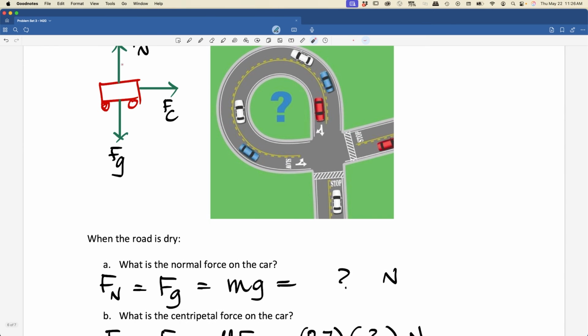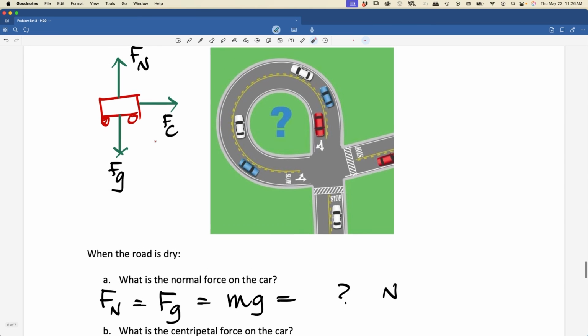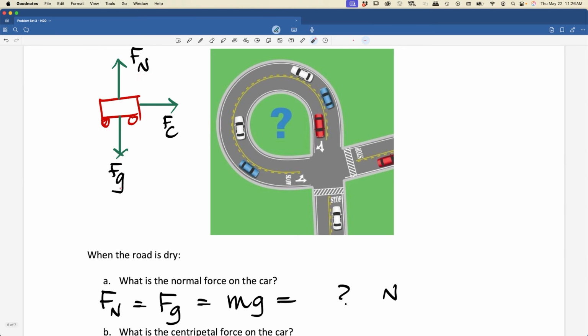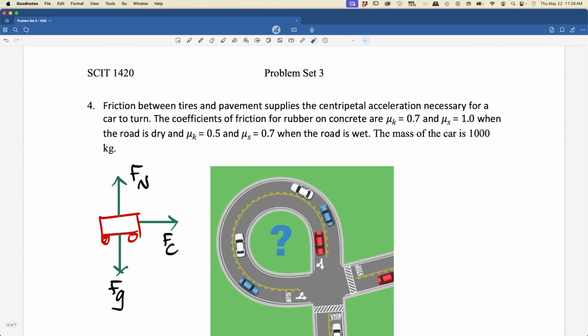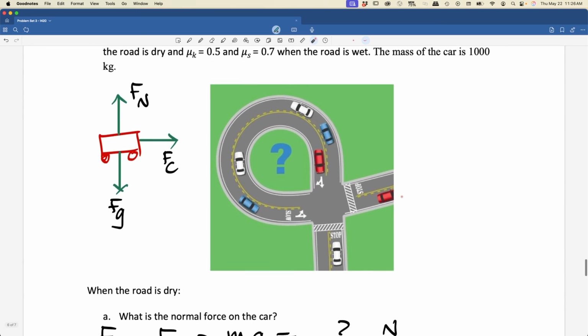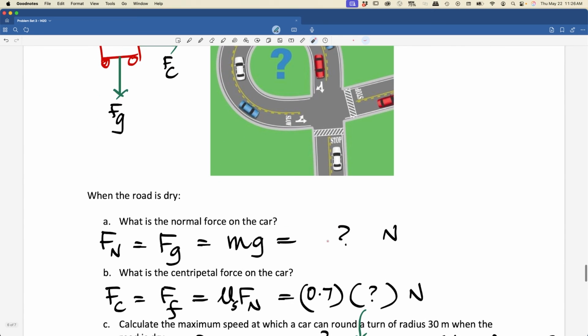It should be the same as the weight of the car, because the car is neither jumping up or being pressed down. You want it to be balanced. So this is the same as this, and you know this is mg. So since you're given the mass of the car, 1,000 kilograms, just multiply it with the value of g, which you know, and you get it in newtons.